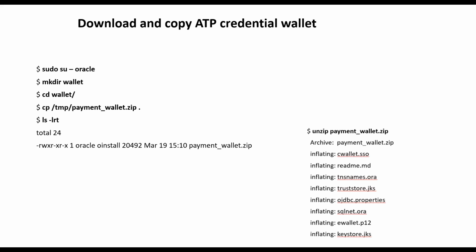Like I said, the compute node where GoldenGate is running, the GoldenGate Cloud Marketplace server, will interact with both the source and target databases. To connect to the target ATP database, it needs the wallet. So we get the wallet from the OCI console for the autonomous database and just copy and unzip it on the GoldenGate OCI compute node. This wallet also has the TNS names file. That's how the OCI GoldenGate Marketplace compute node is able to connect to the target ATP database.